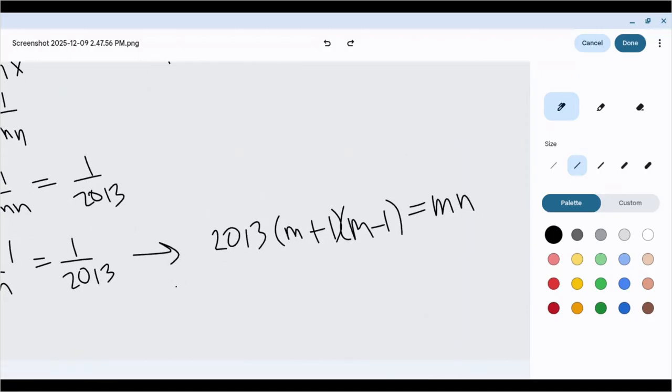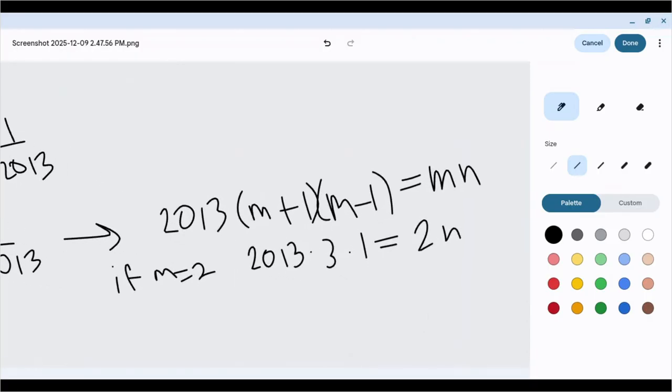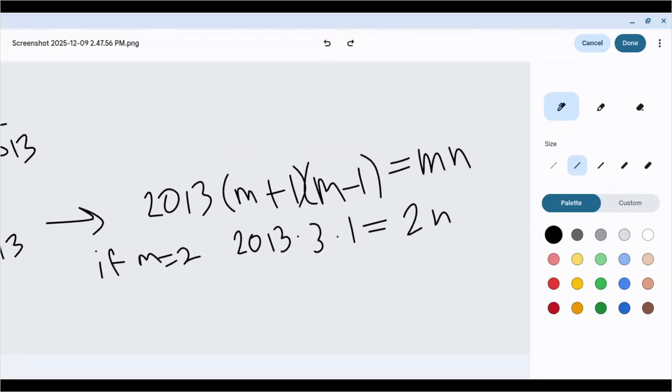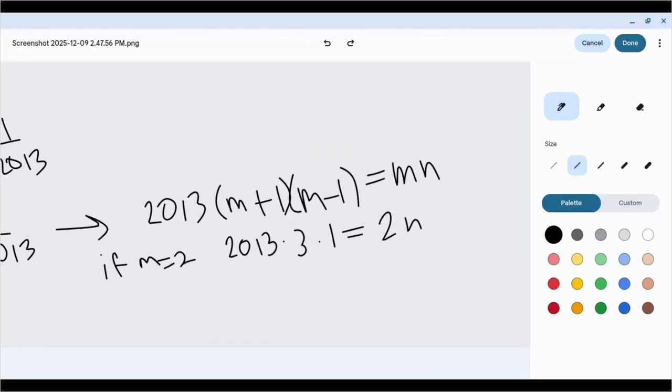If m equals 2, we get that the left-hand side is 2013 times 3 times 1 is equal to 2 times n. But the problem here is that you can't divide this by 2. It's not divisible by 2, which means n won't be an integer. So this does not work because n must be an integer.